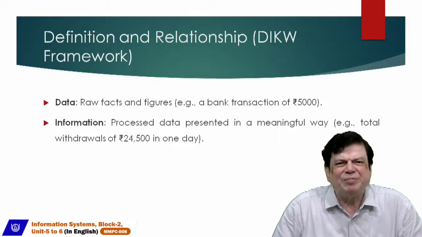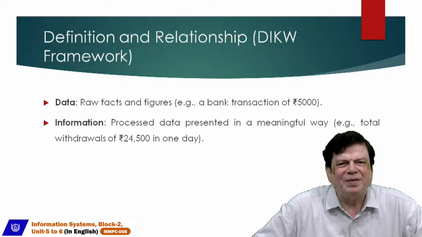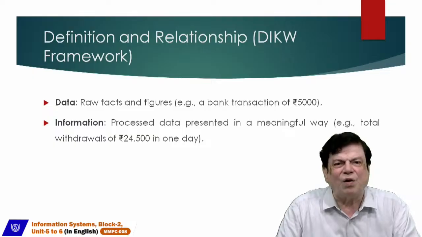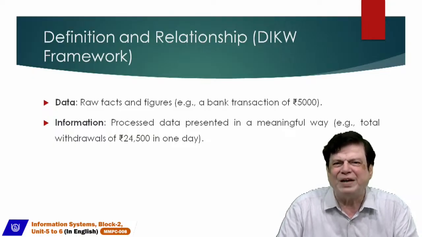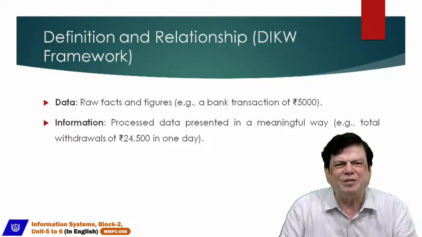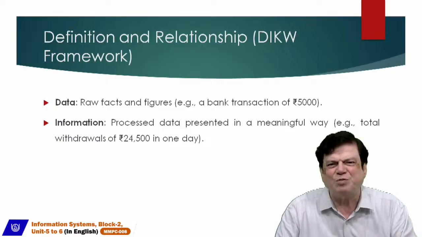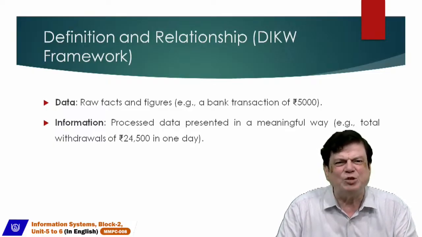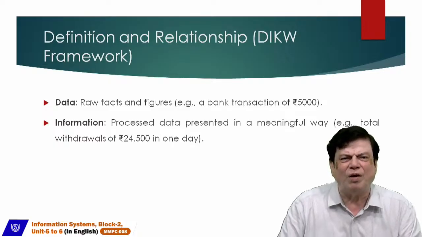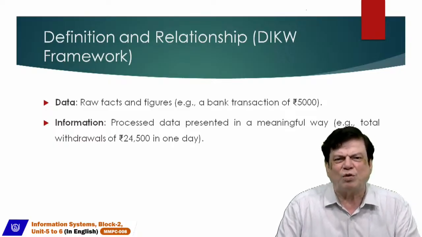Definition and relationship. Data: raw facts and figures. That is a bank transaction of rupees 5,000. Information: processed data, presented in a meaningful way, that is total withdrawal of rupees 24,500 in one day.